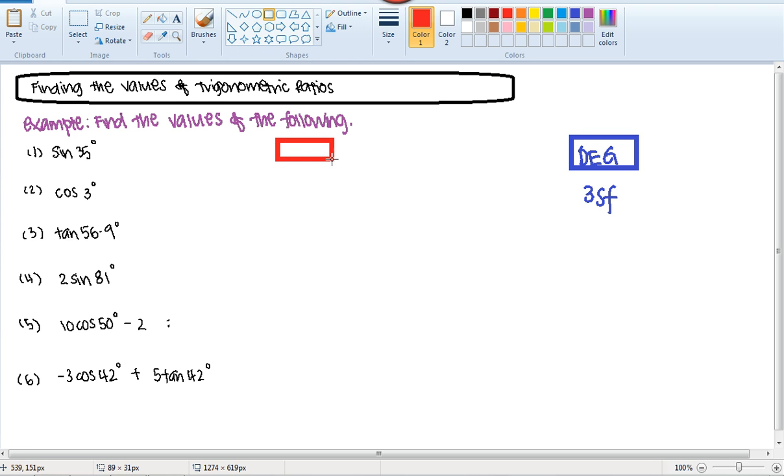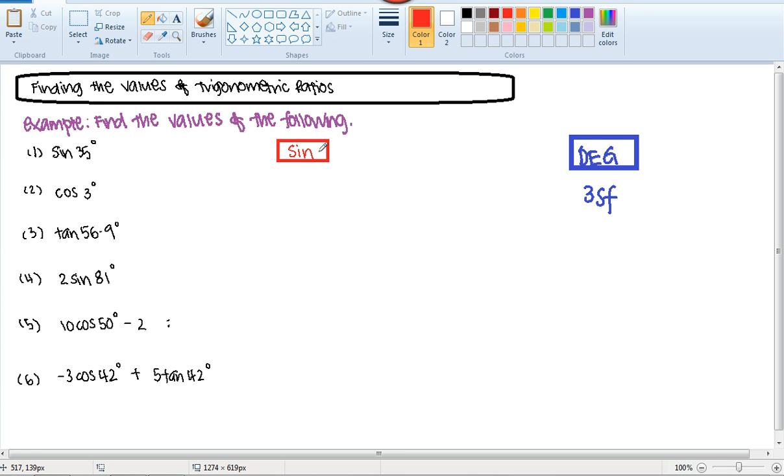Now on your calculator, find this button that reads SIN. This is the sine function button.